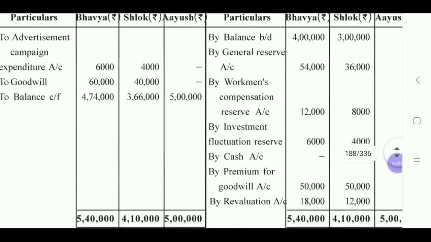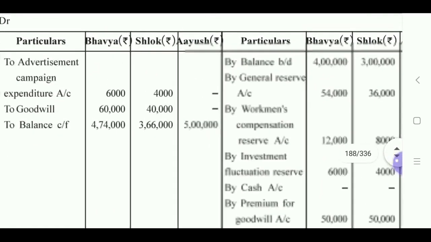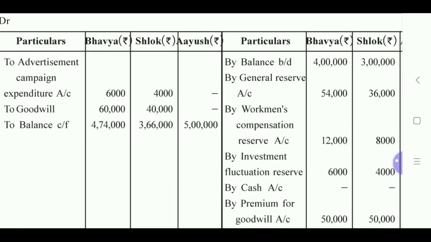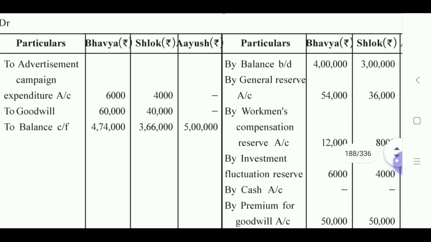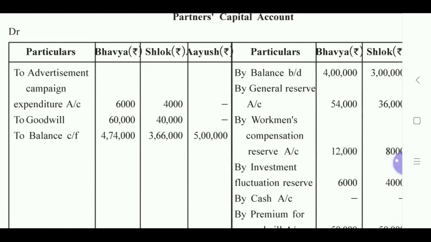So posting is in partners capital account to advertisement campaign expenditure account 6,000 and 4,000 respectively. We have posted this, and I guess this was the last item which was left to be recorded.